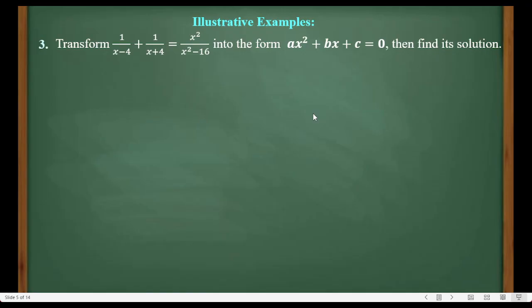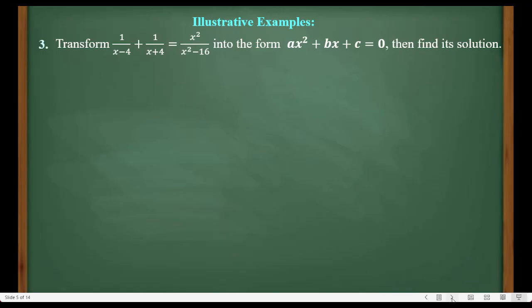Now, just like in the previous example, in order for us to transform this equation to standard form, we must clear the equation from any denominators. So we need to identify what would be the LCD of these three denominators, or the least common multiple of these denominators.